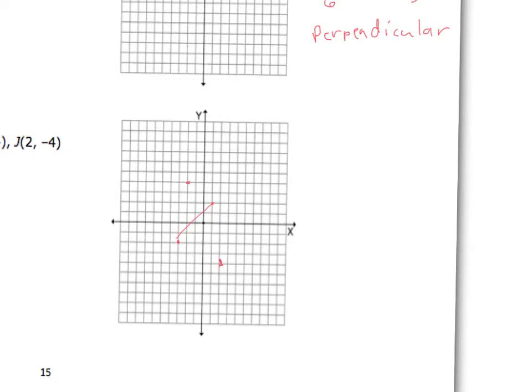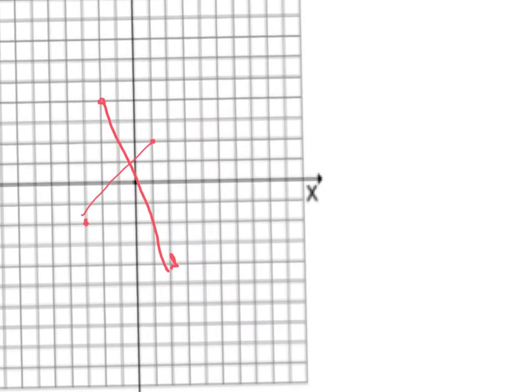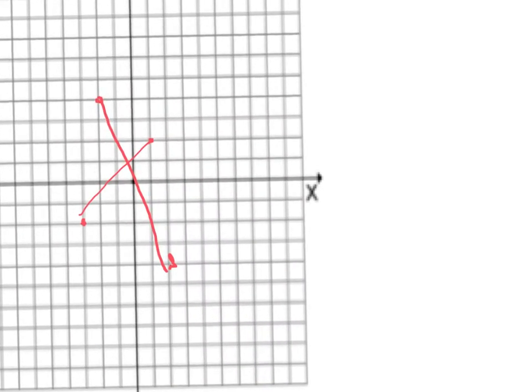Okay, so let's go ahead and find the slopes of these. For the first one, you're going to have a rise of 4 and a run of 4. And 4 divided by 4 is 1, so there's your first slope.